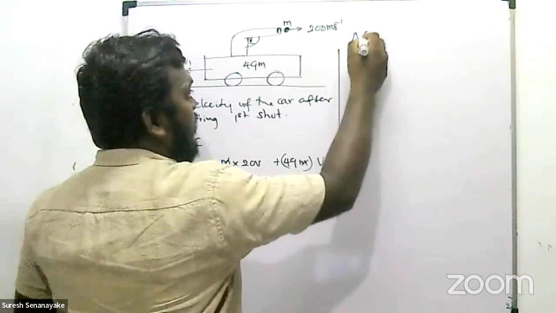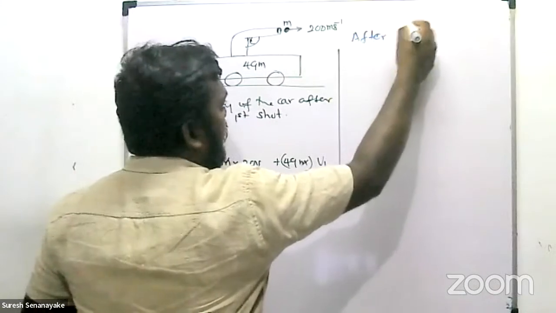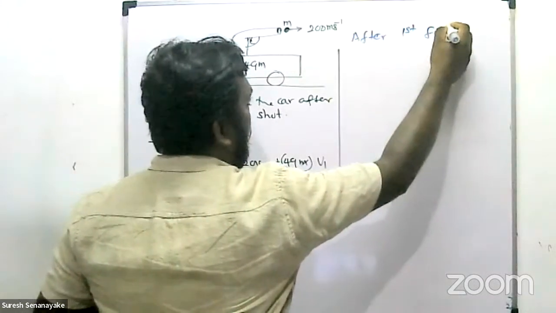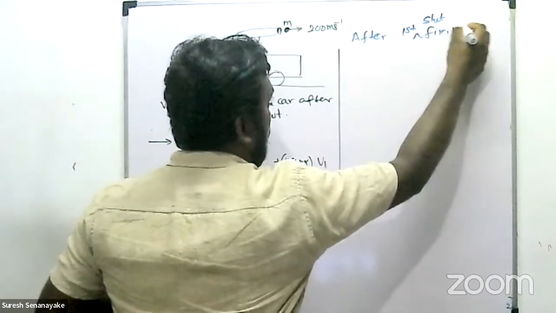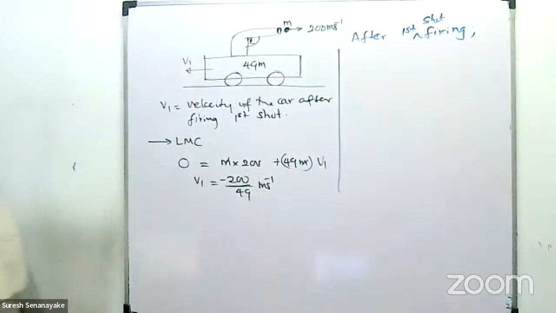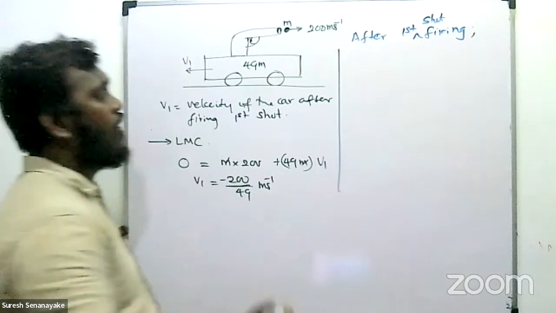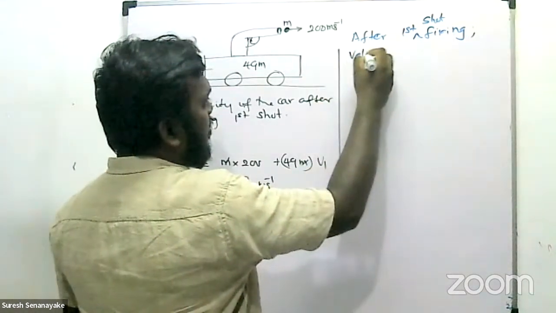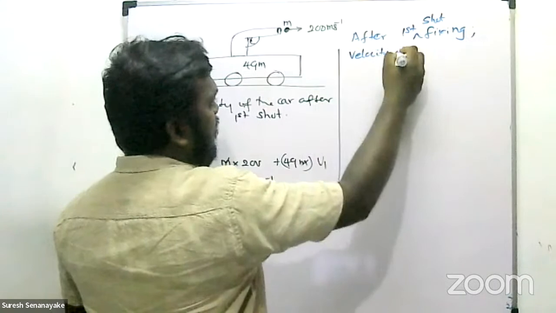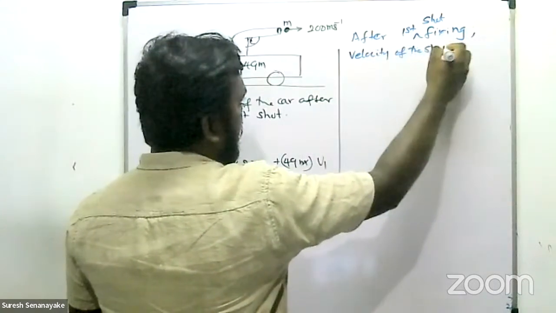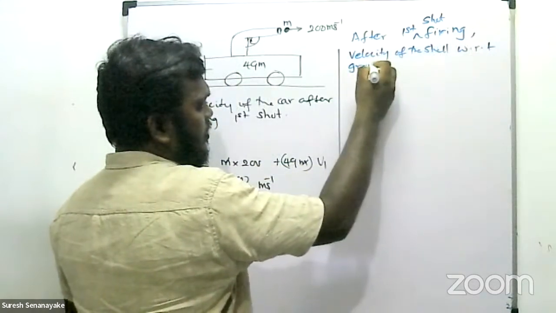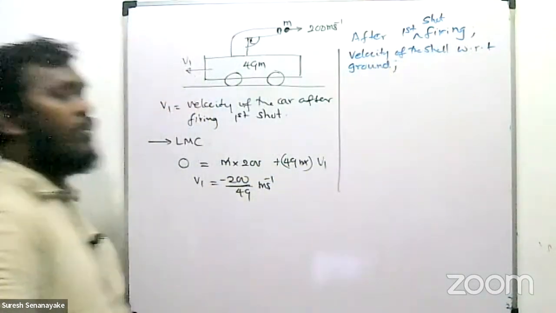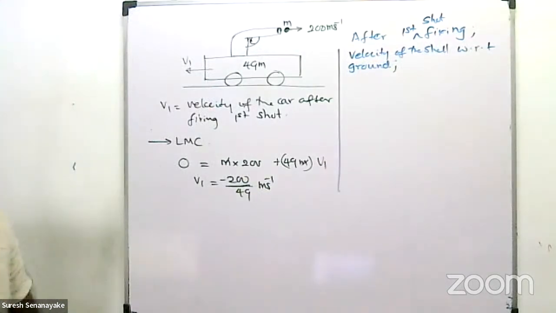Then we write that after the first shot firing, we take the velocity of the shell with respect to the ground. The velocity of the shell with respect to the ground is 200.